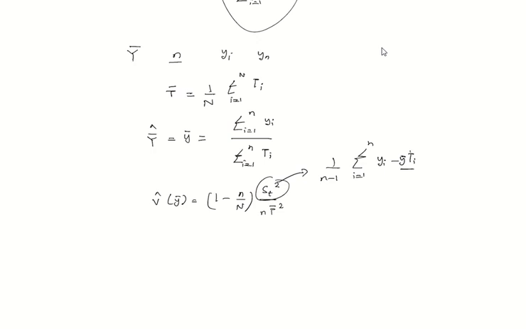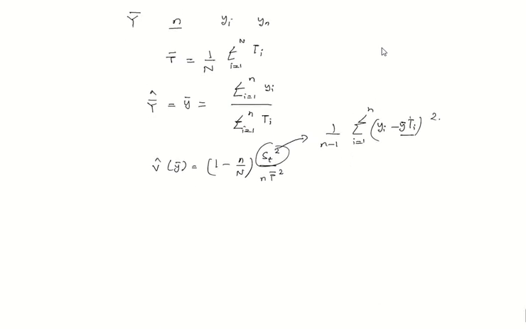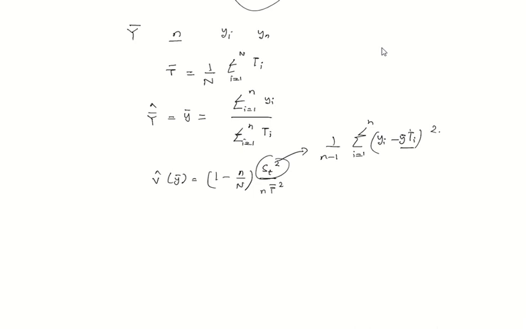So this is the mean of all the y's, and then this is the ti. And then you square it, that is the st. But obviously this requires a calculation of t, and t is unknown.